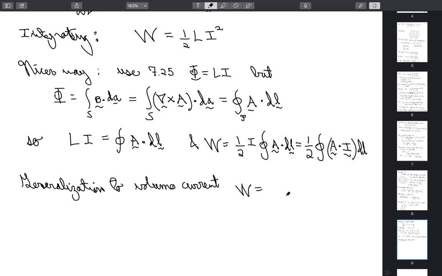So I would just have that the total work, total energy is 1/2 the integral now over volume of A dotted into the current density J, times the volume element d tau.